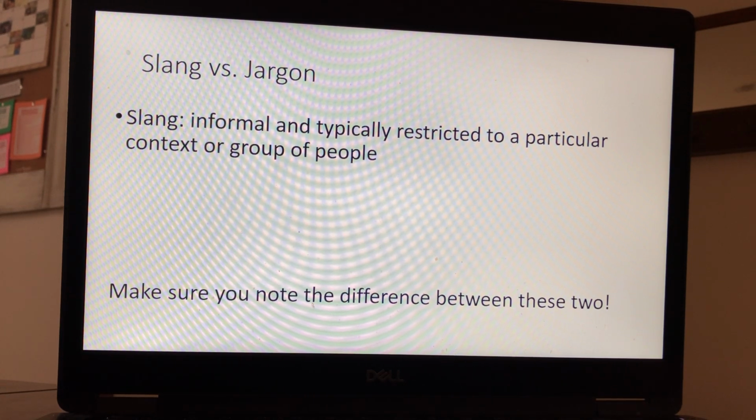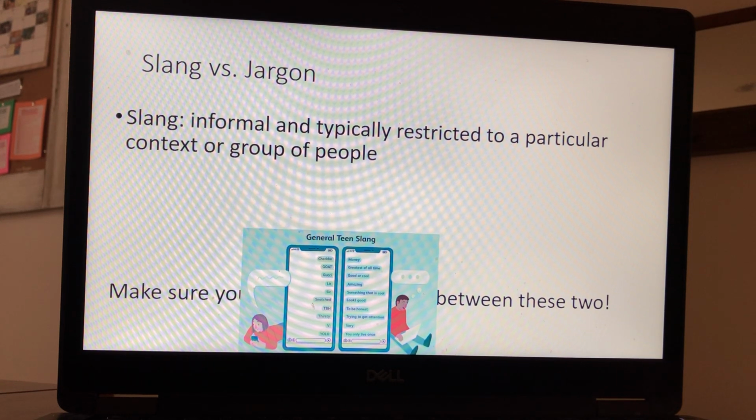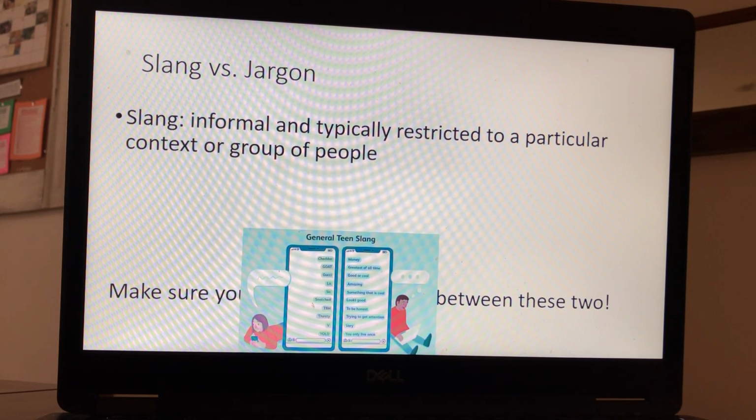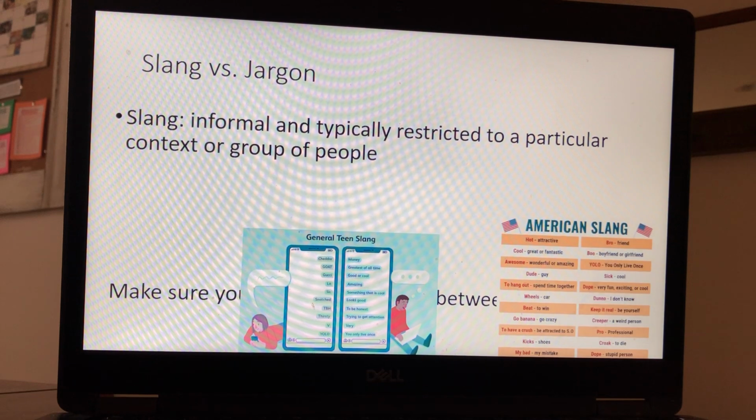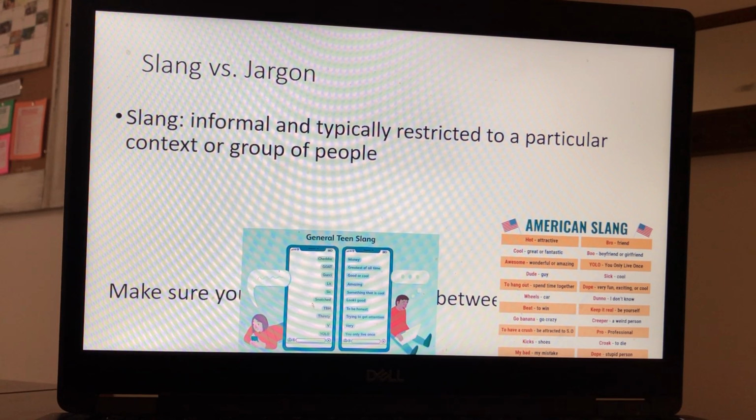So a few I put as examples, right, are teenager slang. You guys know that the GOAT means the greatest of all time, but would someone who's not a teenager know that, right? It's kind of within your context. So notice, are they using slang like that in their writing? Maybe yes, maybe no. Another example I put is American slang.